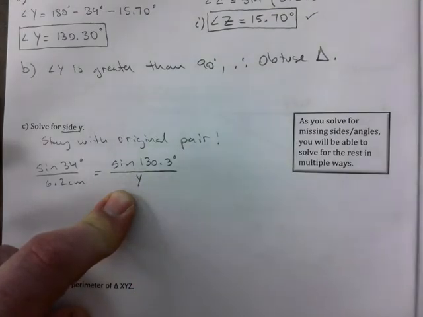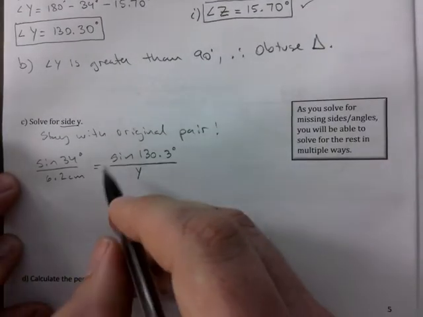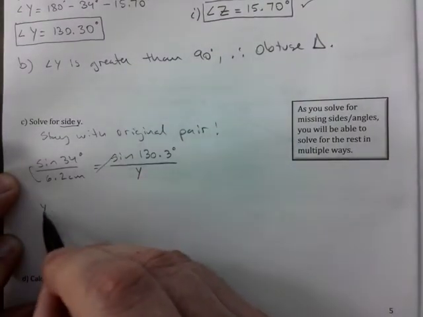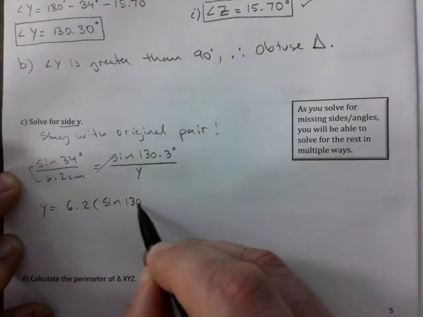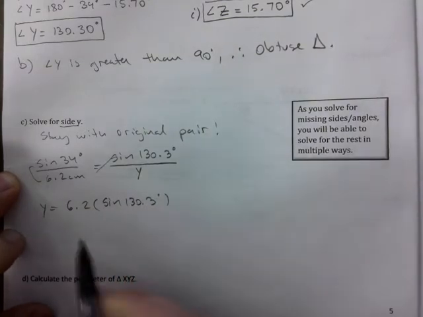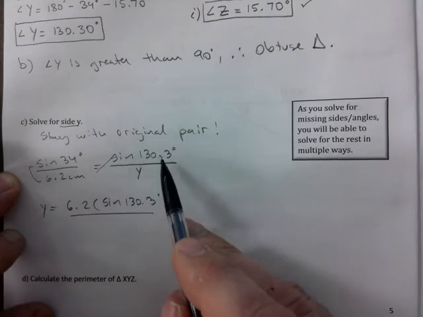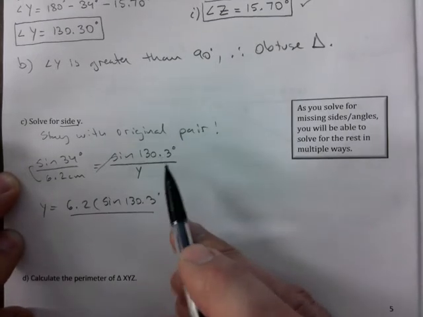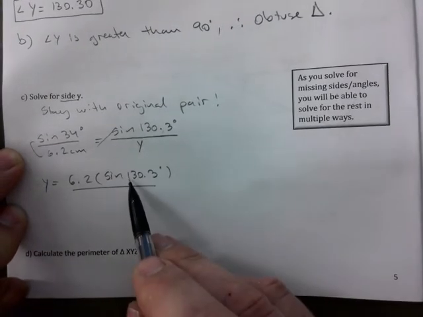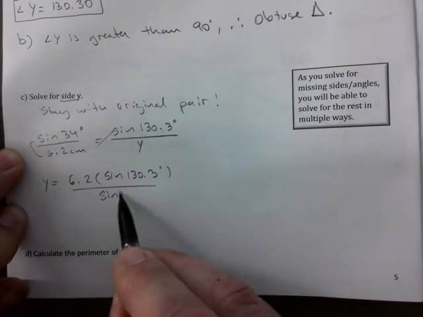In fact, you don't want sine there. Okay? Cross multiply and divide. Sine of 130.3. And I did this on purpose. I wanted there to be an obtuse angle so you know it works with obtuse as well. Okay? And that's divided by sine of 34.